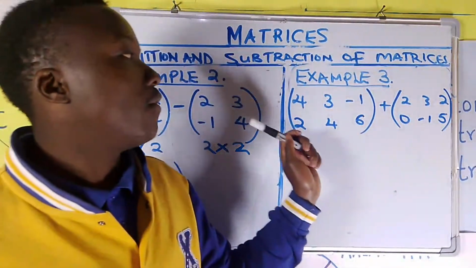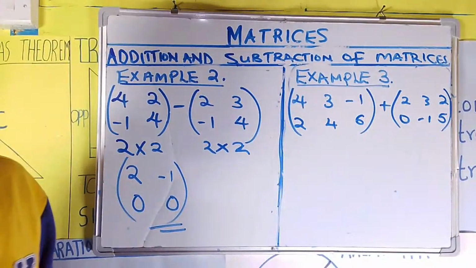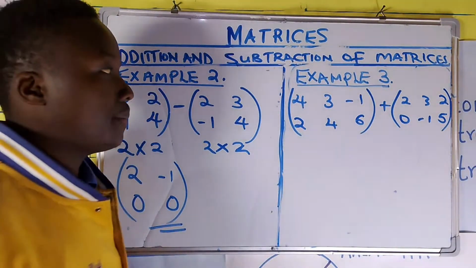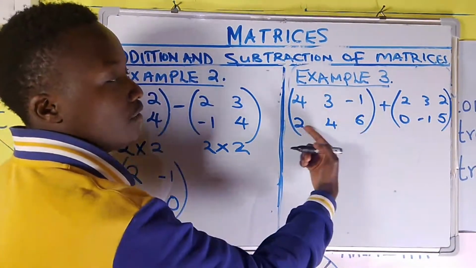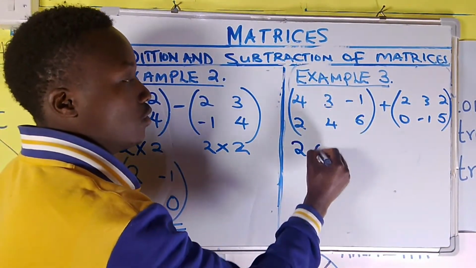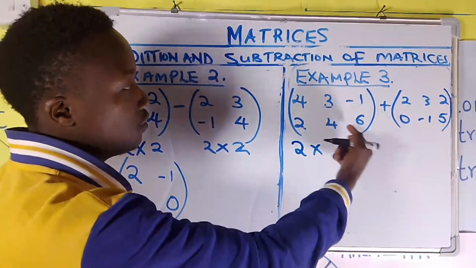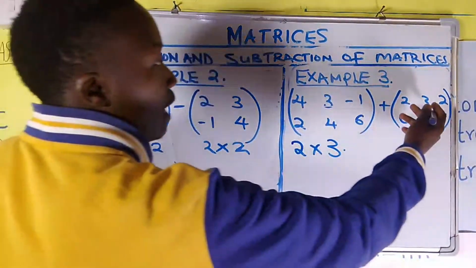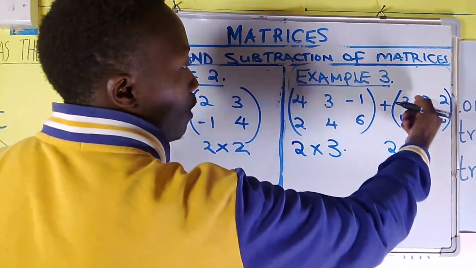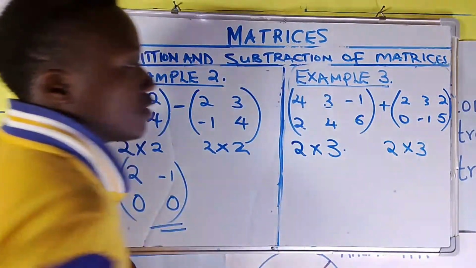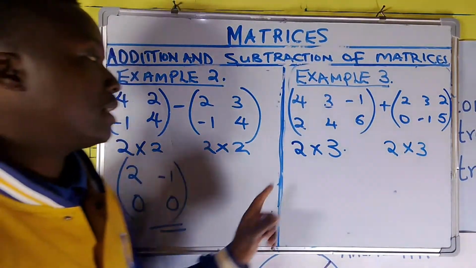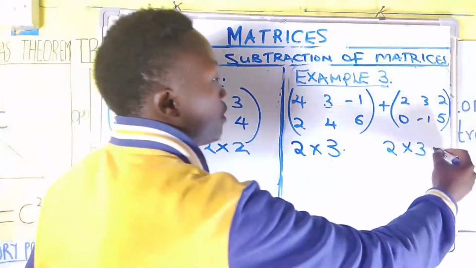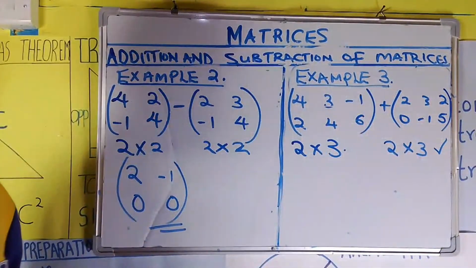So we check out is the order of this matrix going to be the same. So how many rows do we have? 1, 2. So we have 2 rows. How many columns do we have? 1, 2, 3. We have 3 columns. How many rows do we have here? 1, 2. How many columns do we have? 3 columns. So the fact that both of them belong to order 2 by 3, that makes it possible for us to add or subtract them.